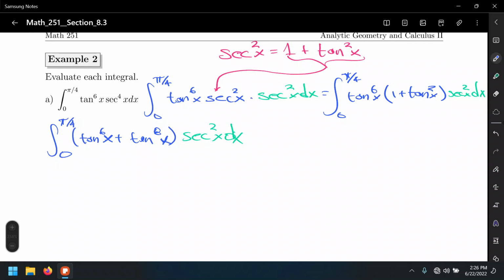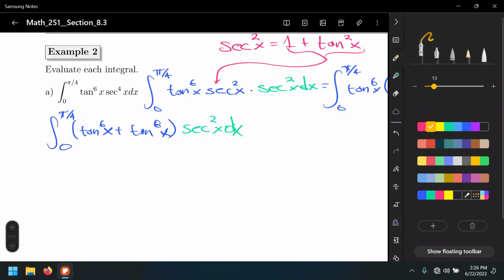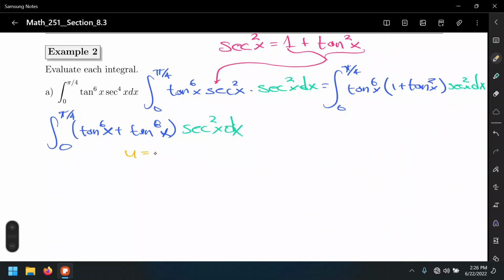In this case we're ready to do the u substitution. u equals tangent, du equals secant squared x dx. In this case no numerical factors are needed. I think this is fine. This is enough for the u du part.